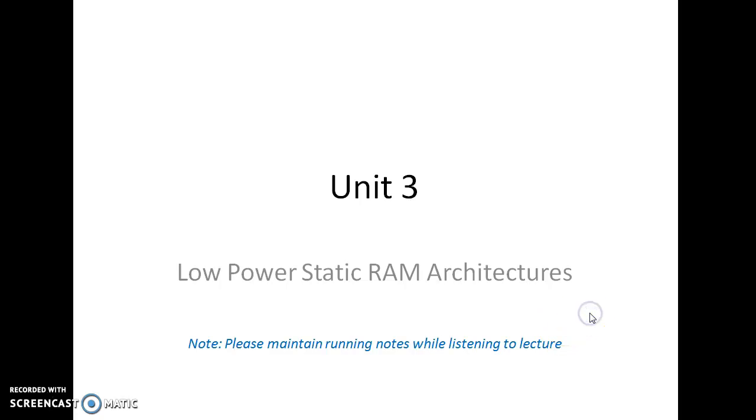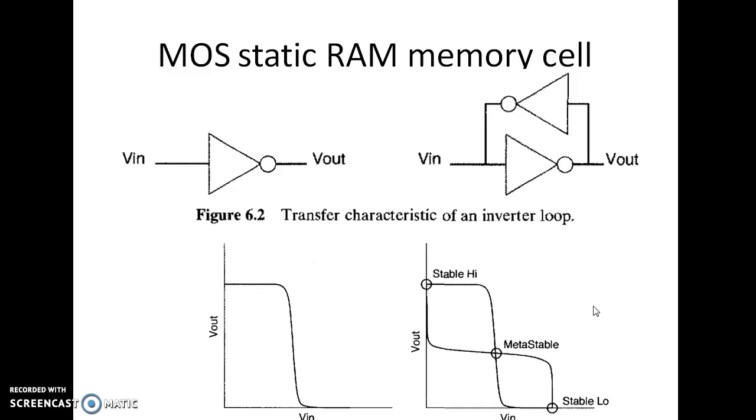So coming to the concepts, first, what is a MOS static RAM memory cell? Because every RAM or ROM consists of a memory cell which stores one bit of information. So that is the definition of a RAM memory cell. And what does it actually consist of?